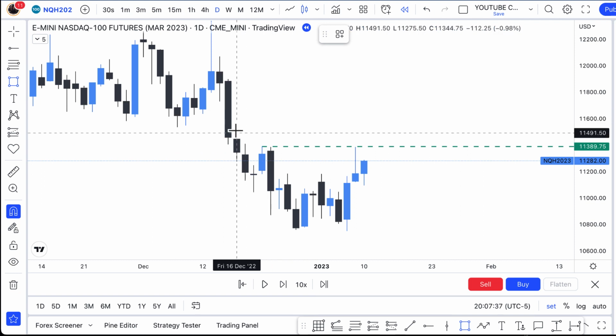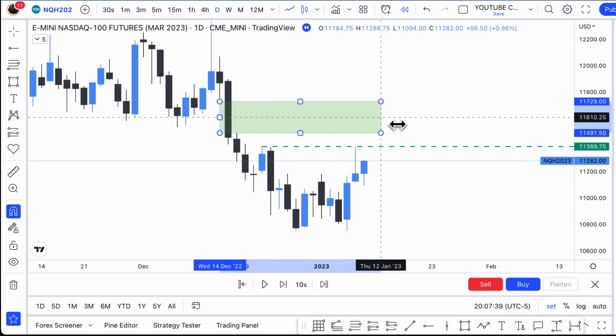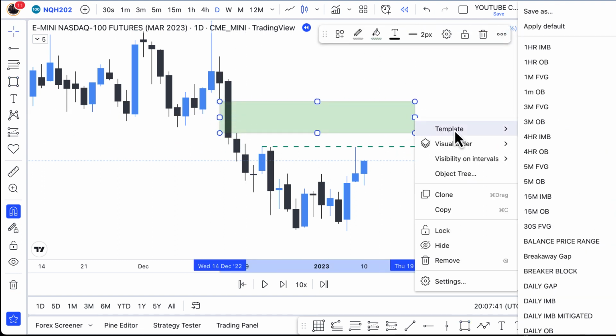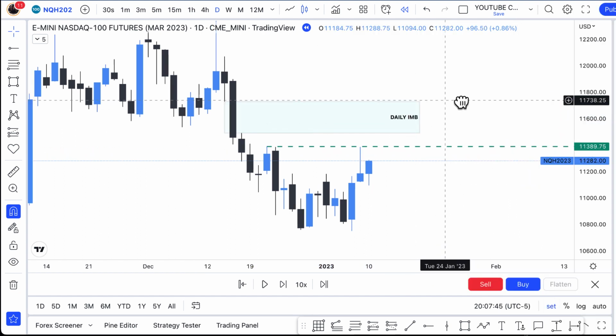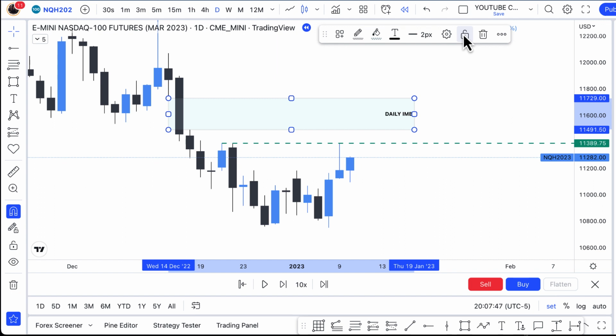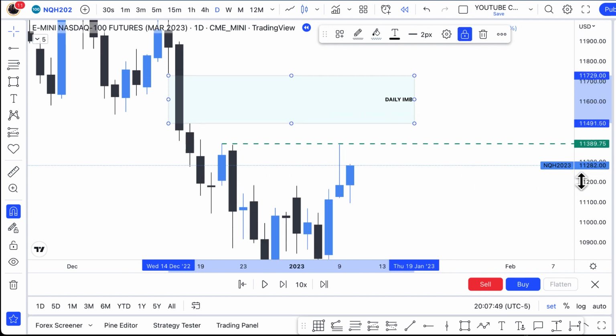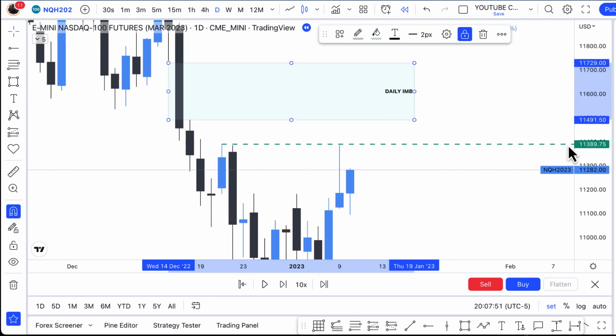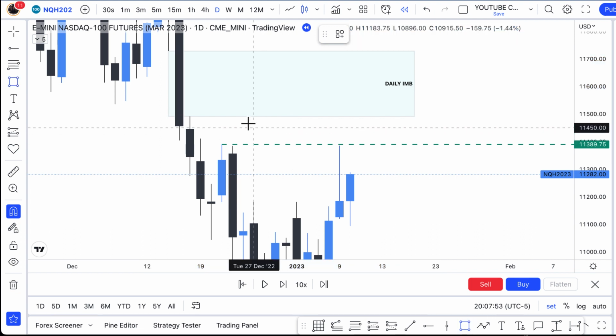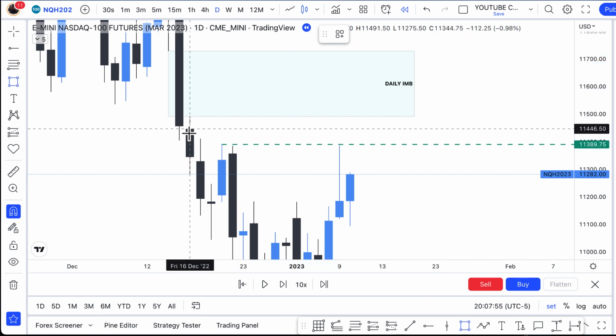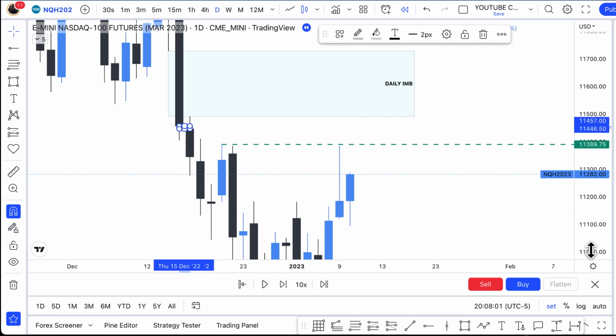I also had this daily imbalance sitting up here that I know that most likely the market is going to have the tendency to reach after. And then one more thing that I notice is right here, if you take a look at from this candle to this candle, you see that little space.